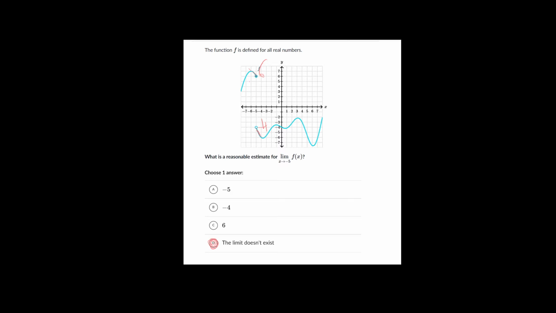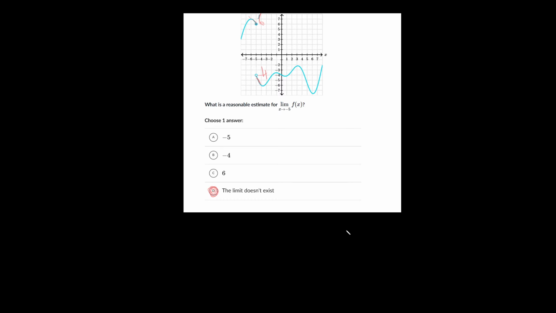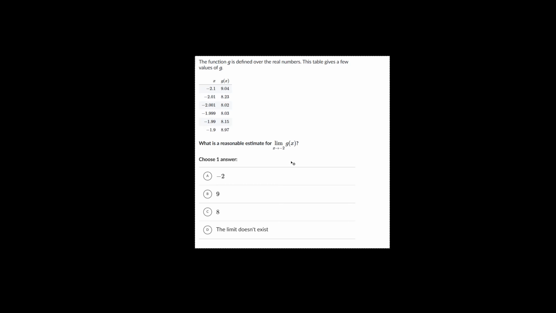Now we'll have another table problem. I encourage you to try this one by yourself because we did one like this. So pause the video, try it. Okay, let's continue. So what's a reasonable estimate for the limit as x approaches -2 of g of x?